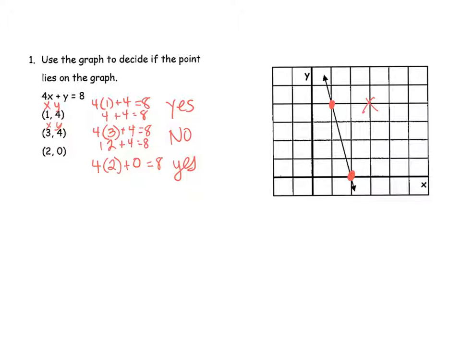Graph it. I found solutions to my equation. They are the numbers that plug in to my equation. They are called solutions. Solutions are also points on my line. So 1, 4, yes, it's a solution. 2, 0, yes, it's a solution. Plugs in perfectly.